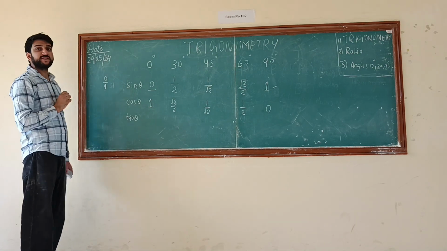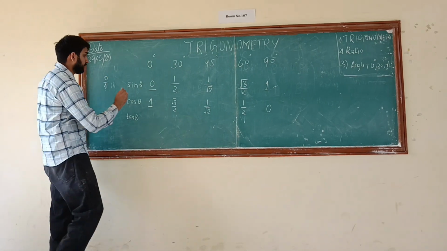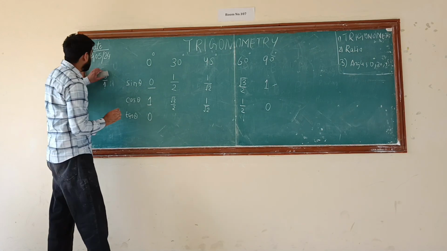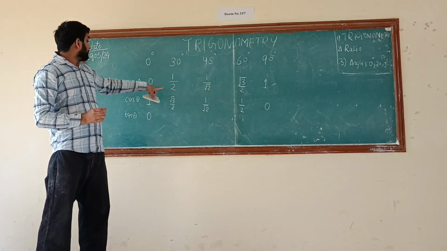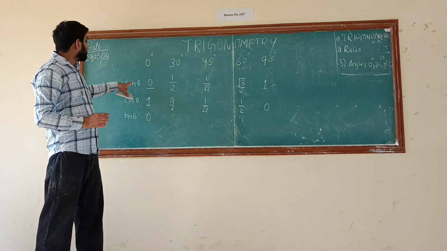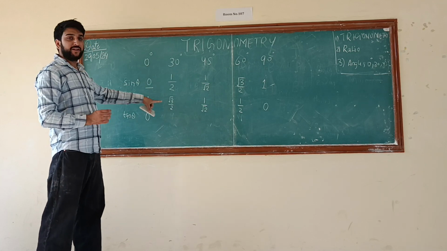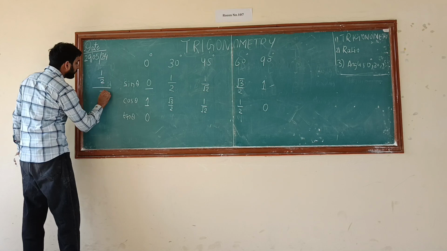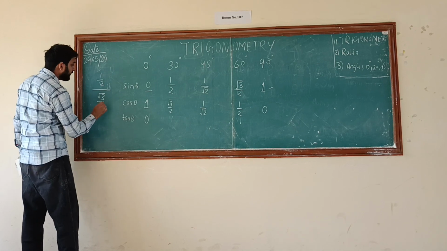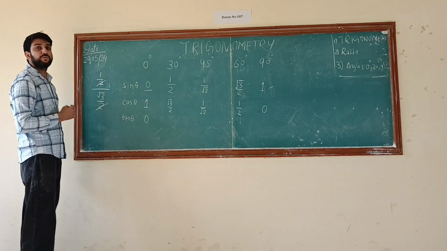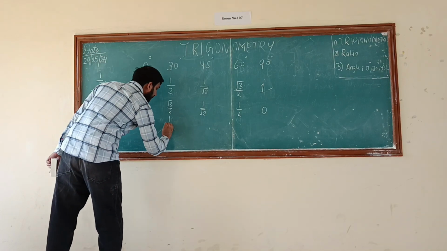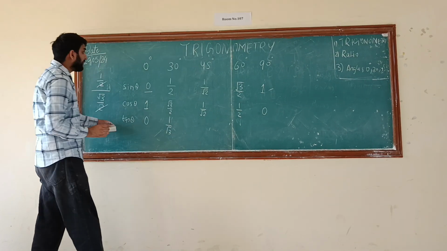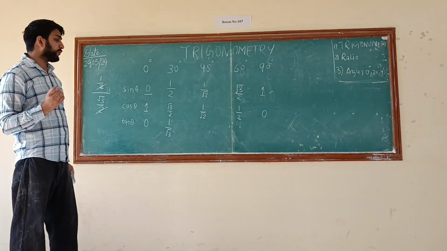We know 0 upon 1 is equal to 0. The next one is tan 30 degree, that is sin 30 degree upon cos 30 degree, that is 1 upon 2 upon under root 3 upon 2. We cut 2 by 2 and we have the value 1 upon root 3. So here tan 30 degree is equal to 1 upon root 3.